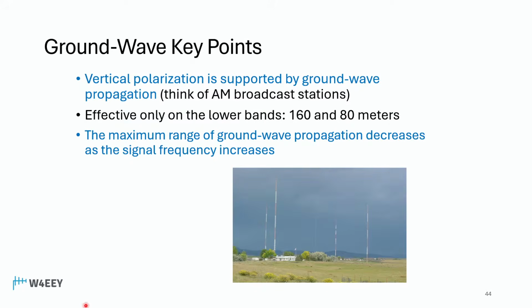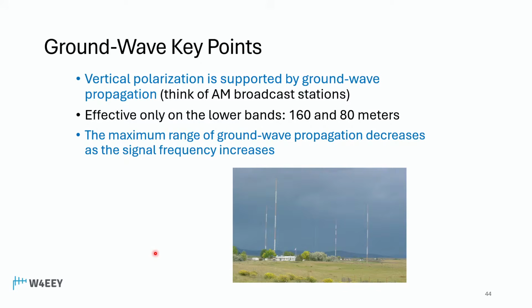A couple of points, reiterating the pool question text. Vertical polarization is supported by ground wave propagation. And you can think of AM broadcast stations. Here's a picture of one. AM broadcast stations use vertical antennas. They usually load the towers. And by feeding the different towers in different phases, they can direct the beam.